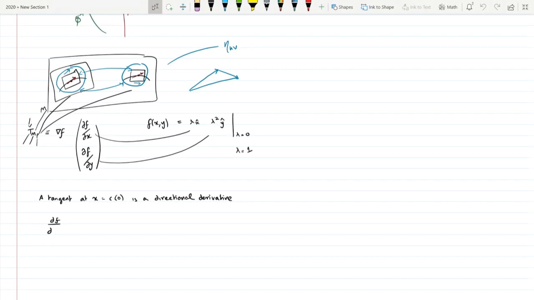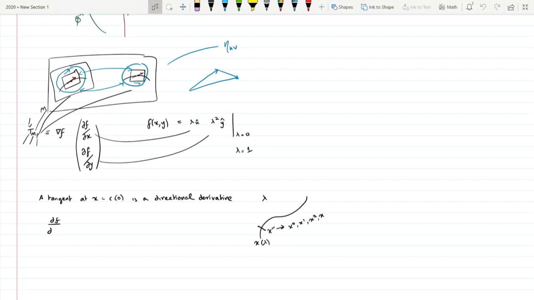If my curve is parameterized, last week we used lambda and said our curve is just parameterized by lambda, which is to say that x of lambda is this curve. At lambda equal to 1, I have this particular point on my curve, characterized by four coordinates, x0, x1, x2, x3.